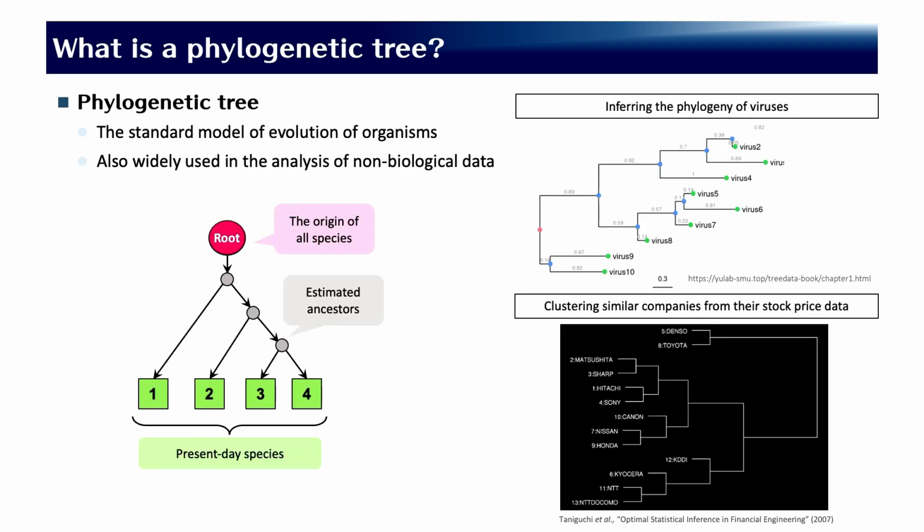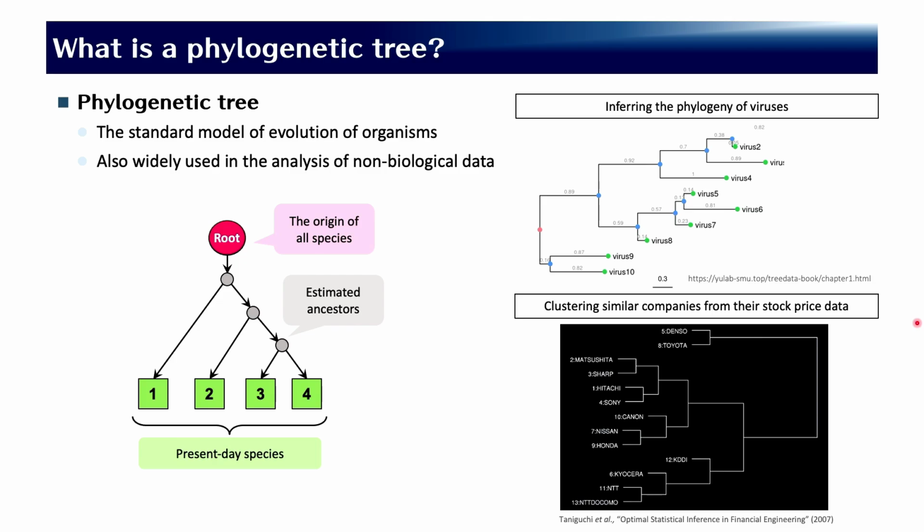Trees are a fundamental model for describing the evolution of organisms and have various applications, including the study of viral evolution. Interestingly, phylogenetic trees are also widely used in non-biological disciplines to perform hierarchical clustering.